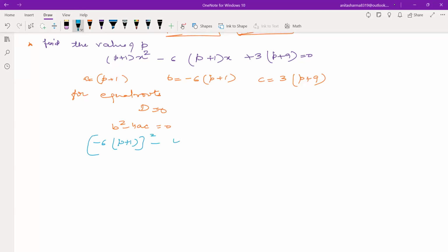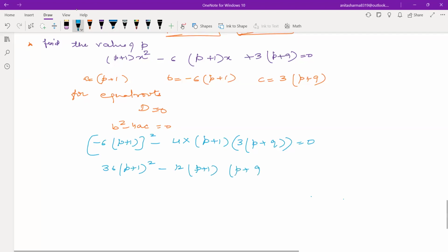C is 3 times P plus 9. Am I audible, children? Now 4 into 3 is 12, P plus 1 and P plus 9.